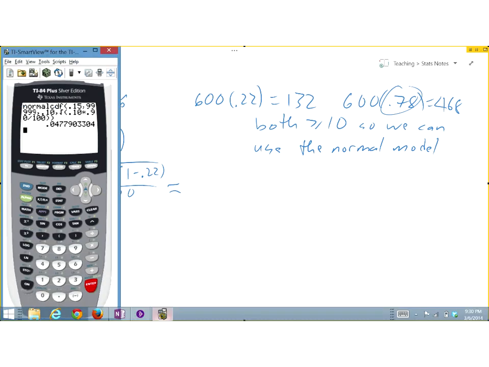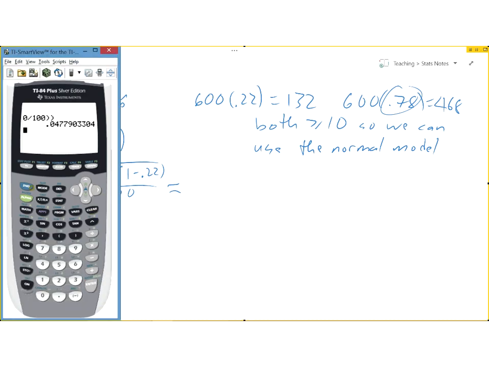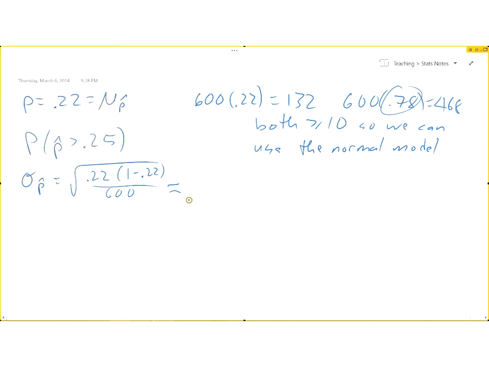I'm going to do second square root of 0.22 times 0.78 divided by 600, and I get about 0.017. That's accurate enough. So 0.017.